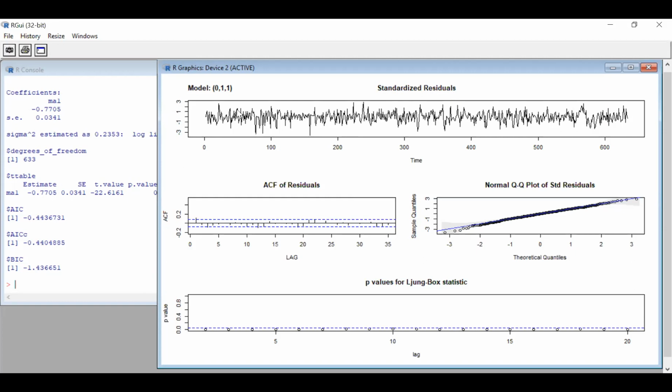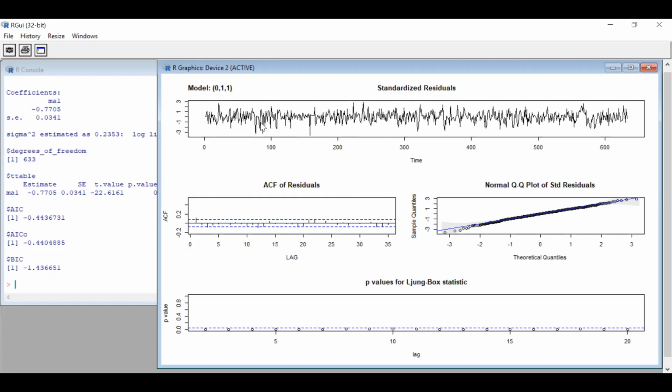Simply, we can check here that the model is (0, 1, 1). Can you understand what the number of parameters is? It's no AR, 1 difference, and 1 MA, right? So these are the standardized residuals, and the band is between -3 and +3.